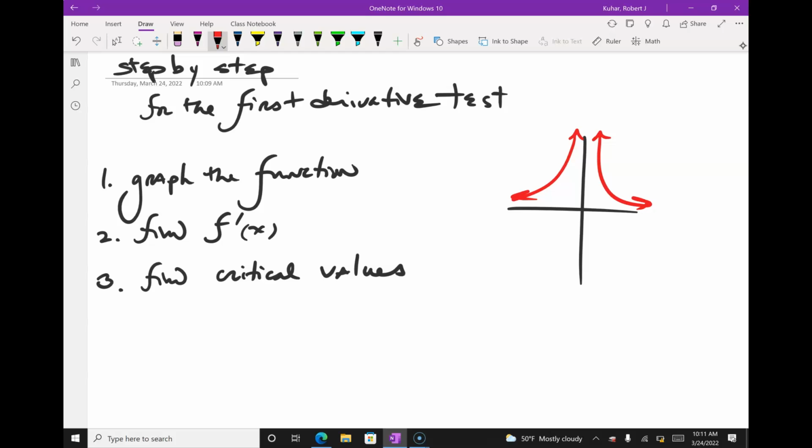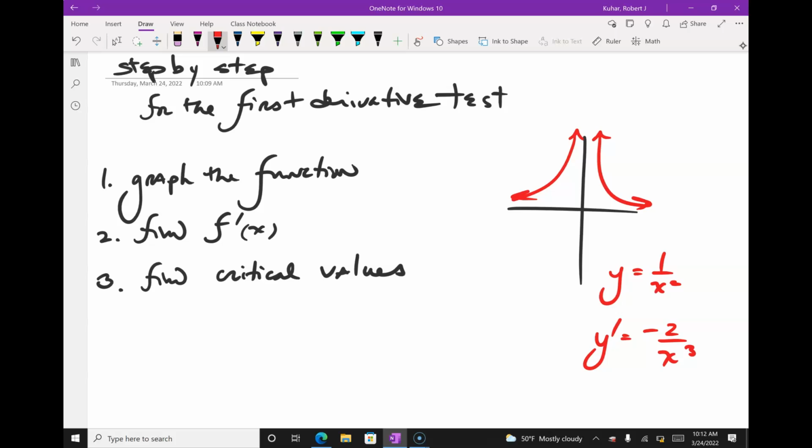Increasing, and the right half's decreasing. If y equals 1 over x squared, y prime is going to be negative 2 over x cubed. Obviously there's a critical value of 0 there, but that point doesn't exist on my original graph, so we tend to call those partitions.